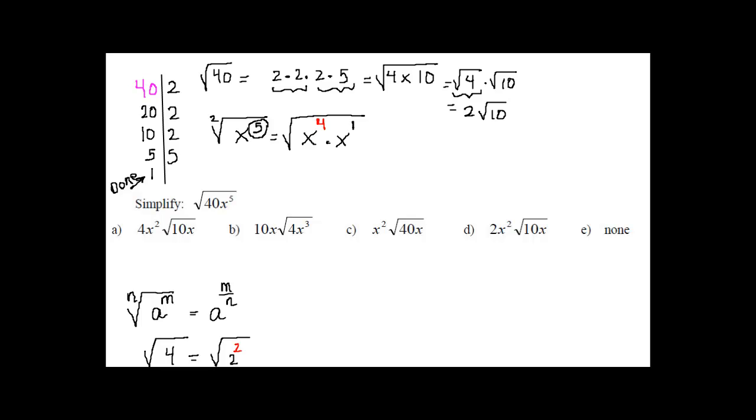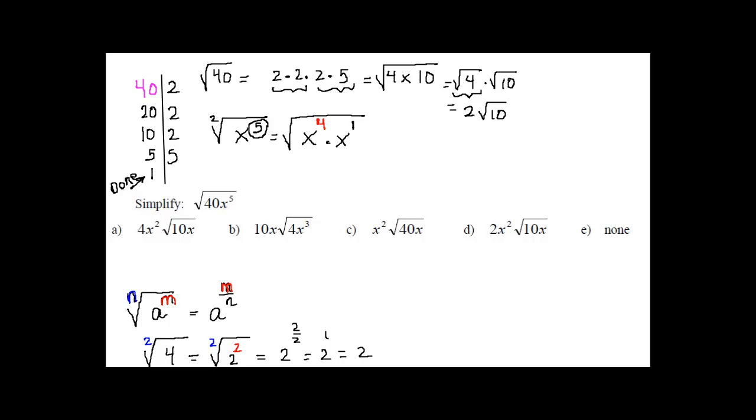So your m here is 2, and your n here, the square root, is 2 also. So in this case, this would be the same as 2 to the power of 2 over 2, which is the same as 2 to the power of 1, which is equal to 2. That's why we said the square root of 4 is equal to 2.